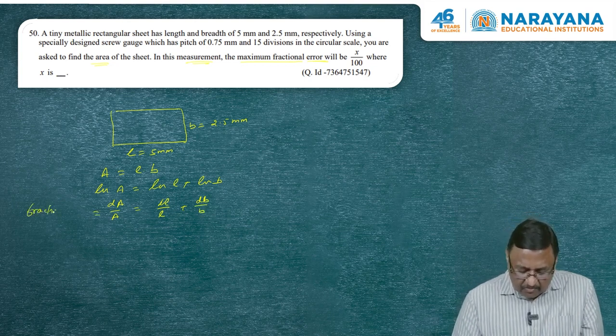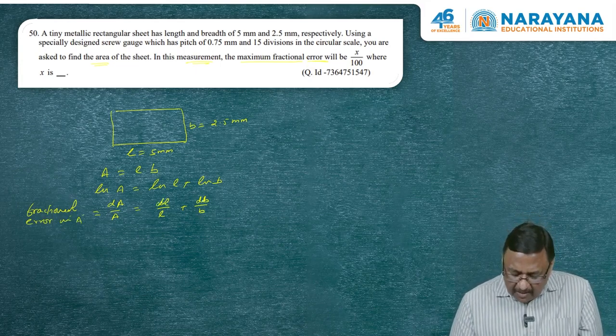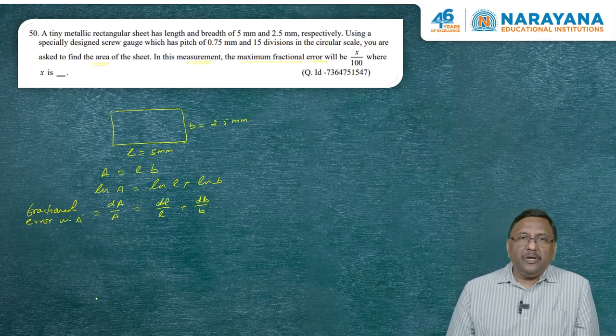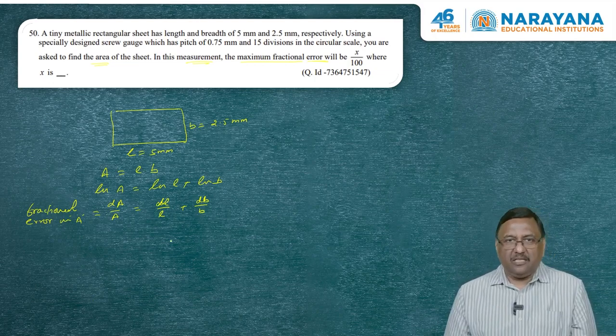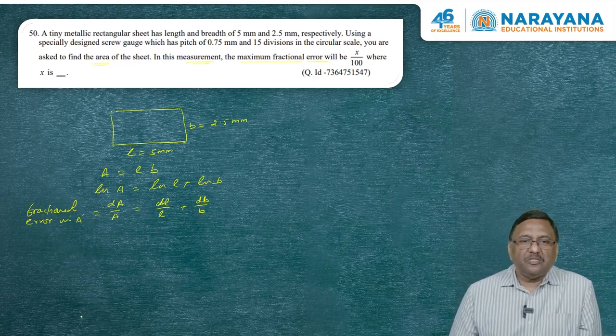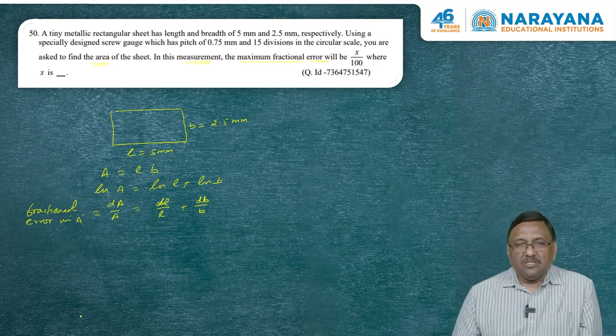So this is the fractional error in area, that's what he's asking. But we should understand what dL and dB are. dL and dB are the errors that can be committed in the measurement of any physical quantity, that is, length and width. Both of these values are measured with a screw gauge, and whatever the least count of the instrument is, that is going to be the maximum error committed in the measurement of the physical quantity.